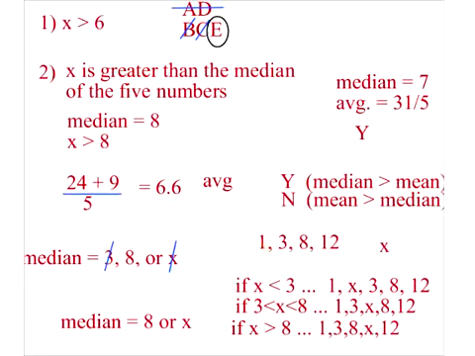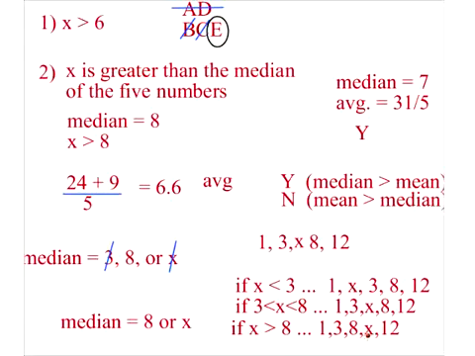But if I put x in the front of the list, then that means that 3 is the middle value. If I put x at the end of the list, that means that 8 is the middle value. And if I put x in the middle of the list, then that would mean that x is the middle value. The way I assigned x here and here is a little arbitrary.